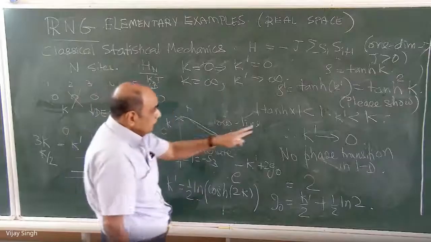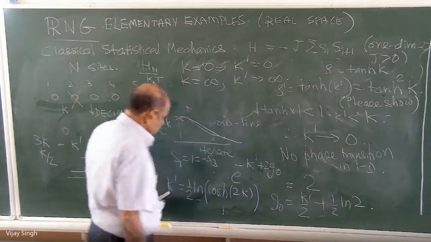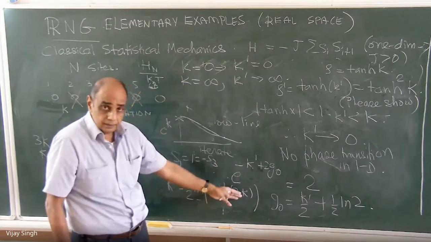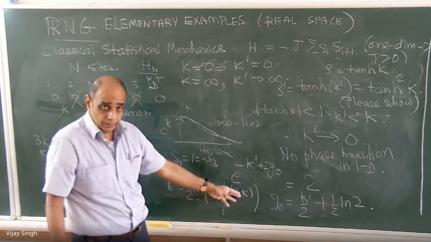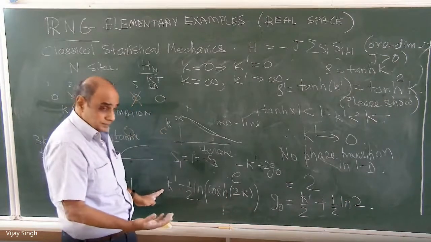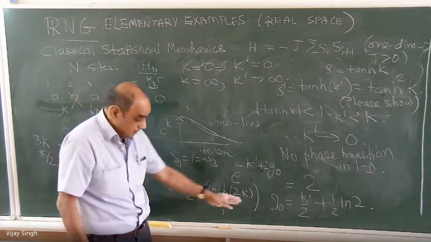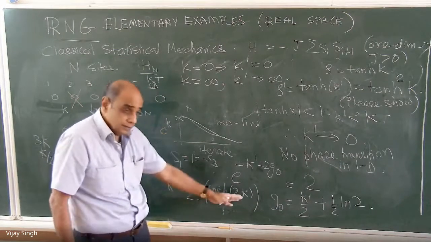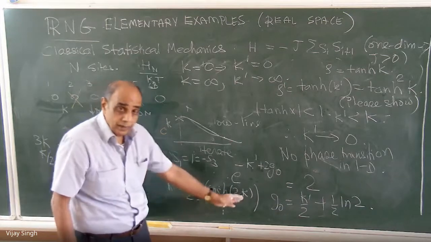What happens is, you take this, go to your computer, take any value of k, any value you want. You'll get k prime on a calculator or computer. Suppose you get 7, put that 7 here, you'll get 5. Put that 5 here, you'll get 4.